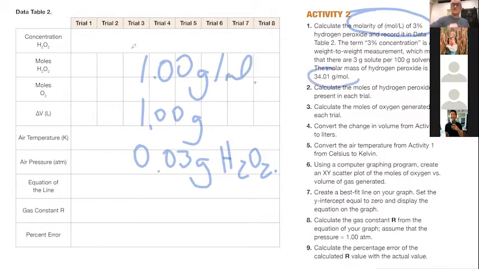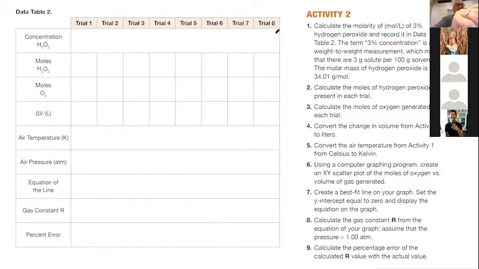The molar mass of hydrogen peroxide is this, and then you figure out how many moles of hydrogen peroxide you have, okay? So you'll have moles of hydrogen peroxide, you'll have your volume of oxygen produced, and so you're going to be graphing this.